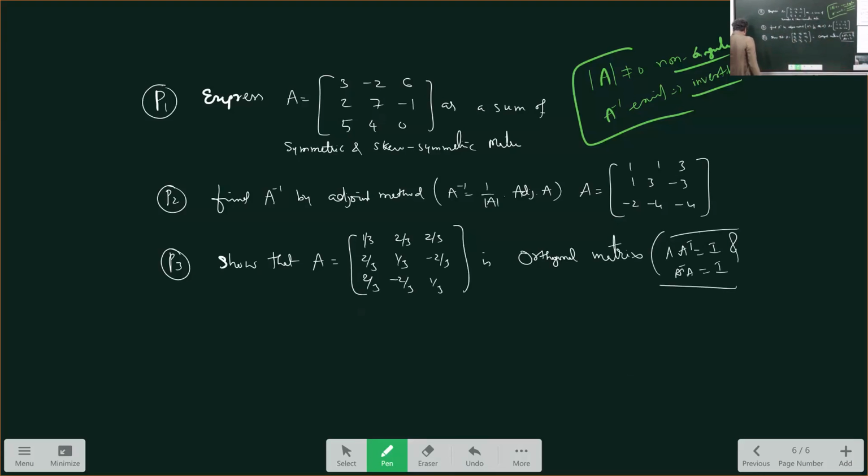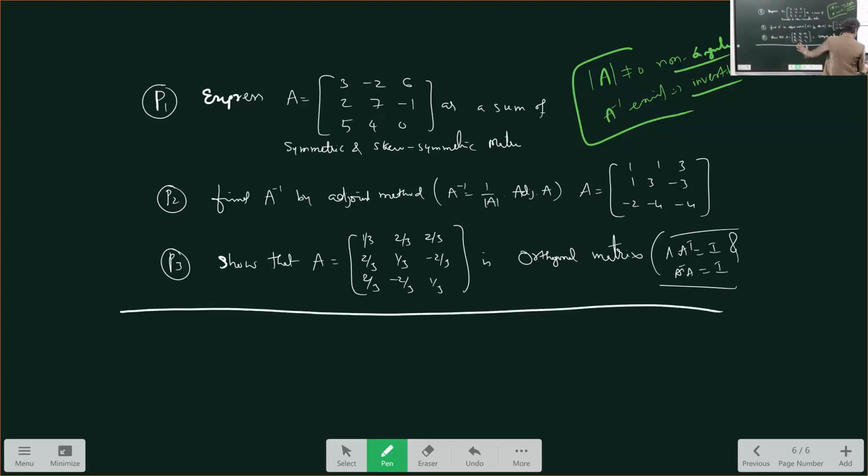Then after that, so these are the three problems. Let me remember P3 is my last problem over there.